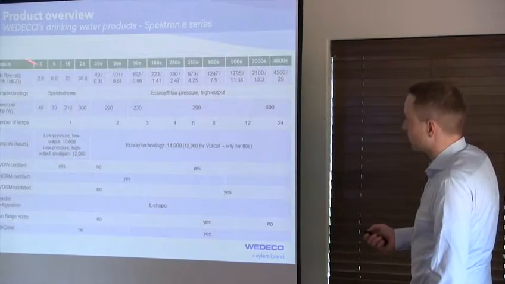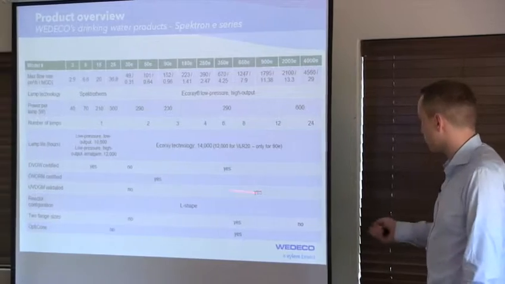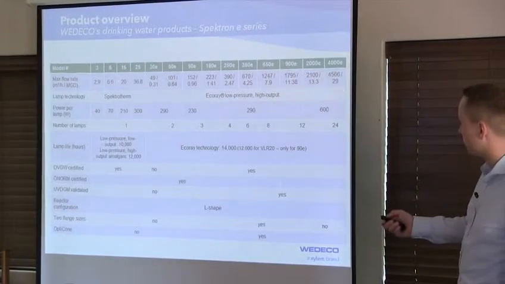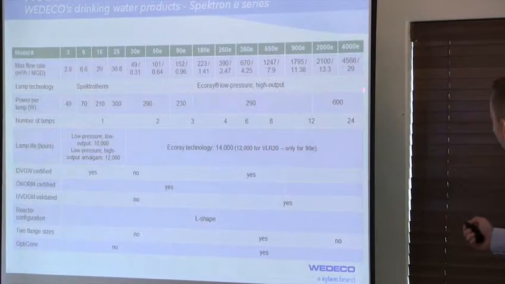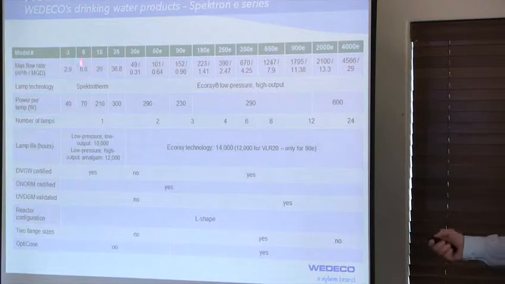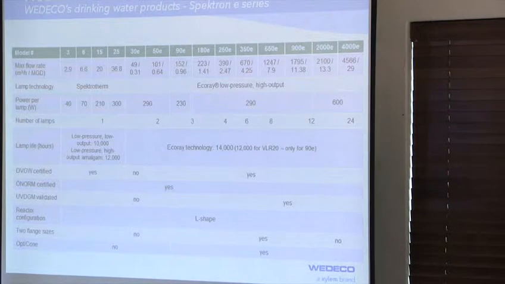Just to show you a range, the smallest Spectrum, this is a lot of information, I included this because I want to show you that we have systems from 2.9 cubic meters up to a design of over 4,500, with different lamp types and different numbers of lamps to suit every possible scenario you could have when you're looking at potable water supplies.